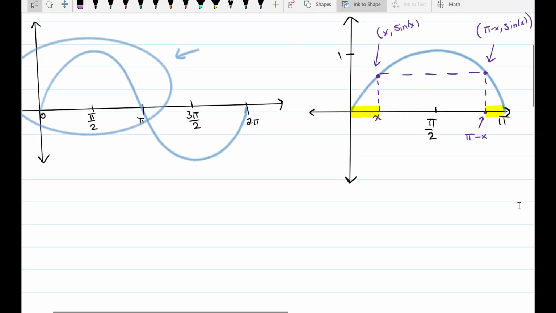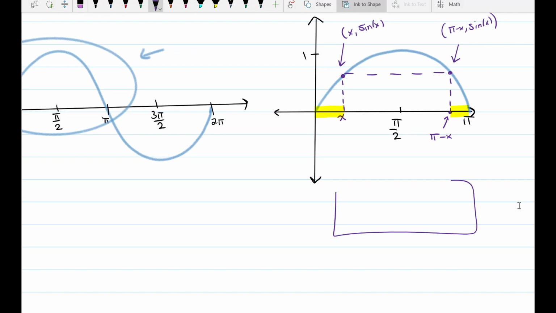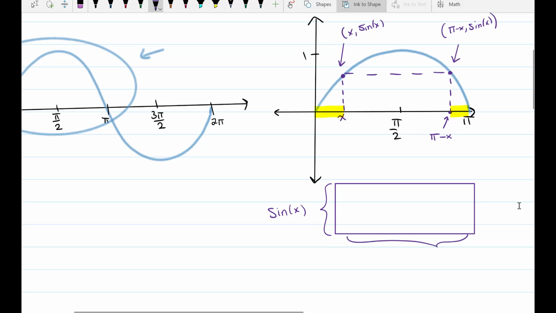So if we break down our rectangle then, if here's our rectangle, we know that this distance right here is sine of x, and then this distance is pi minus x minus x. Because this rectangle distance is this whole distance minus this small yellow piece. So it gives me pi minus 2x.